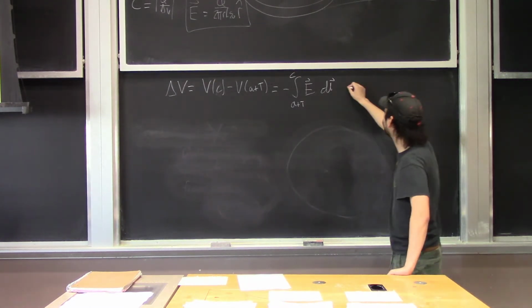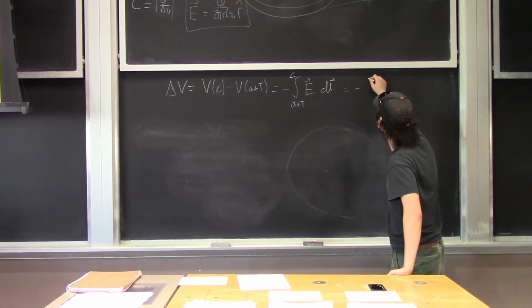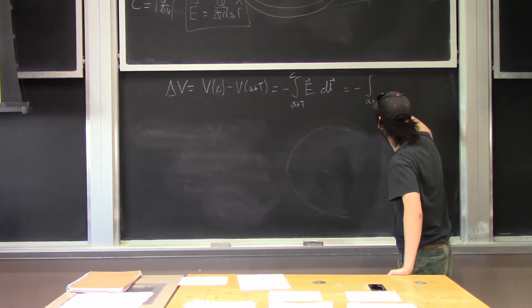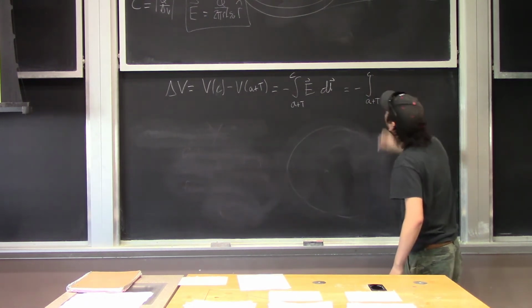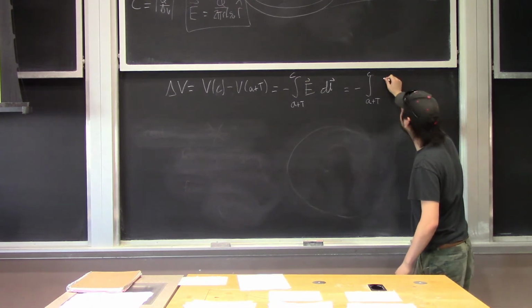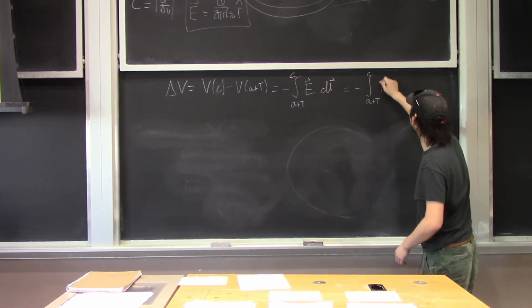That's to say this is going to be equal to the negative integral from a plus t to c of this function here. I'll just write this as E1 for right now.